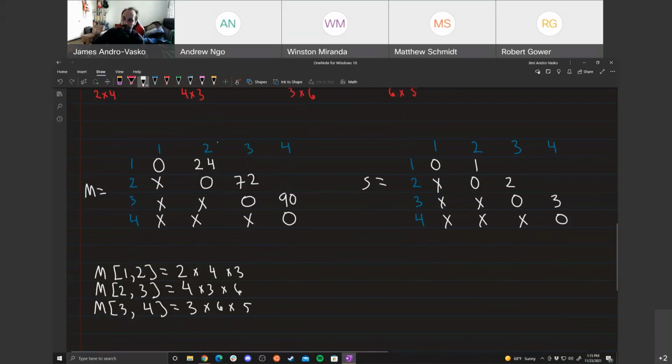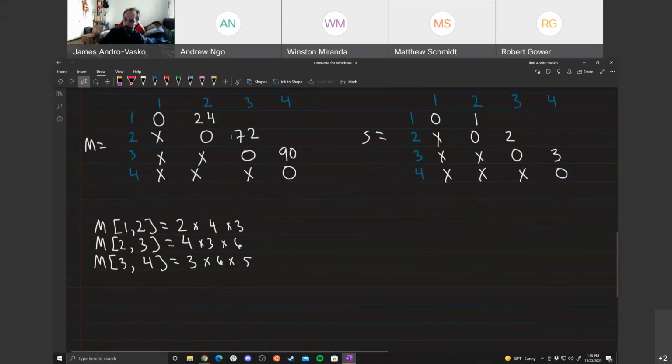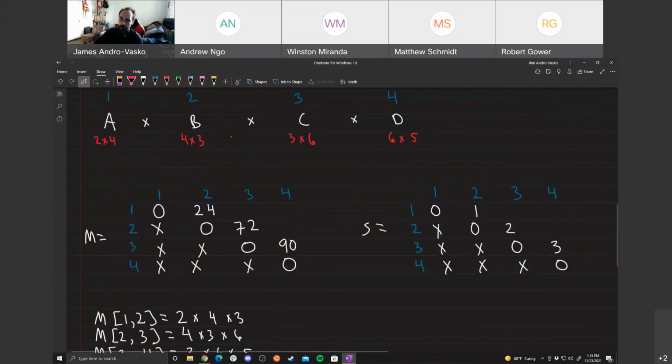So now I want to go ahead and compute M1 comma 3. I want to compute this one next. Basically, I want to compute the result of multiplying A times B times C. That's what M1 comma 3 means, because 1 is A, 2 is B, and 3 is C. So I want to figure out the best way to multiply A times B times C. Remember, there's really 2 ways we can do this.